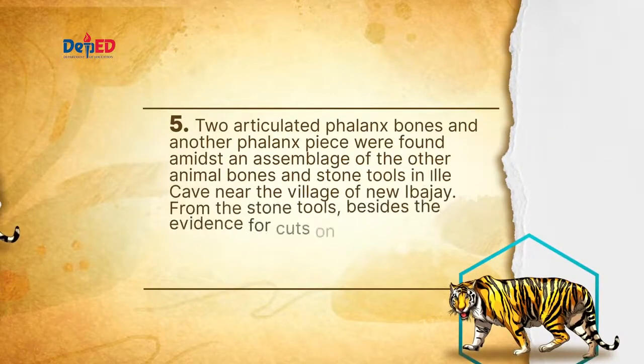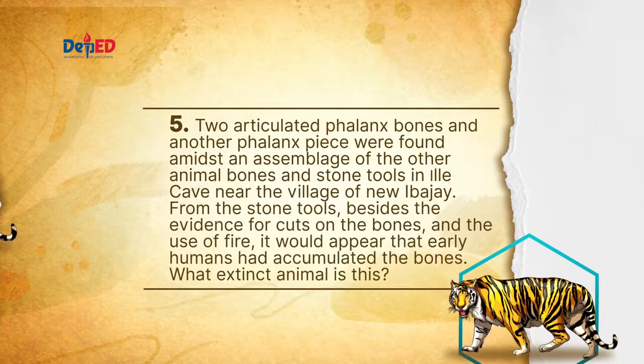Question number 5. Two articulated phalanx bones and another phalanx piece were found amidst an assemblage of other animal bones and stone tools in Ilik Cave near the village of New Ibahay.